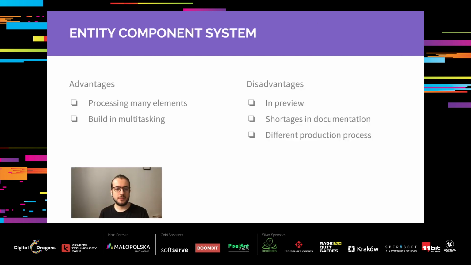What we knew about the entity component system is that it has an advantage in processing many elements, which is what we were looking for with our simulation. And it has this kind of intuitive built-in multitasking, which would provide additional benefits in the simulation.